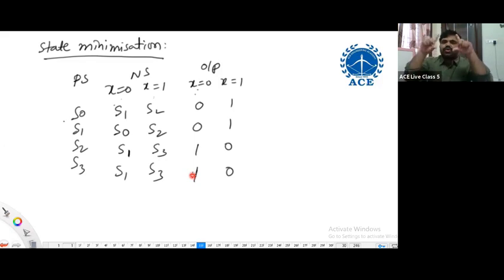Then we can merge those two states. The simple concept is, if two or more states have the same behavior, then merge those states into one state. What do you mean by behavior is same?